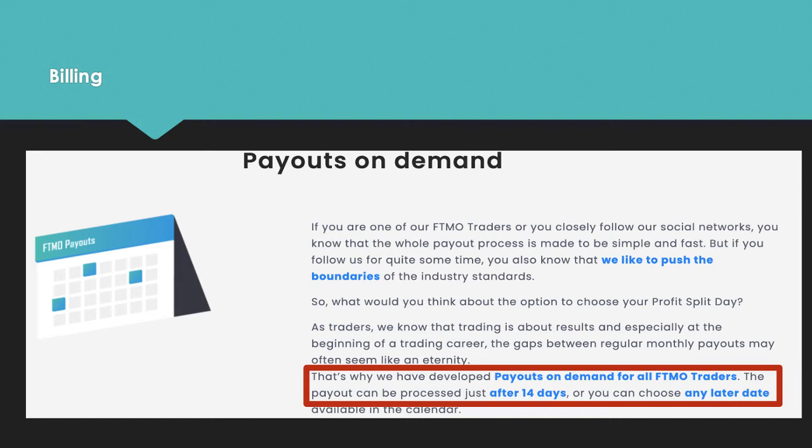Or perhaps the FTMO people were like, you know what? It's just about that time to change. Cost of living increases. It's hard out there, whatever. For whatever reason, I'm not really asking any questions. There has been an increase to an 80-20 split.